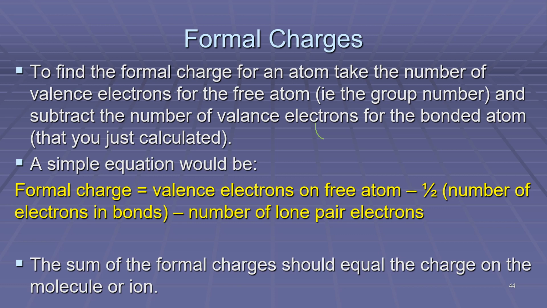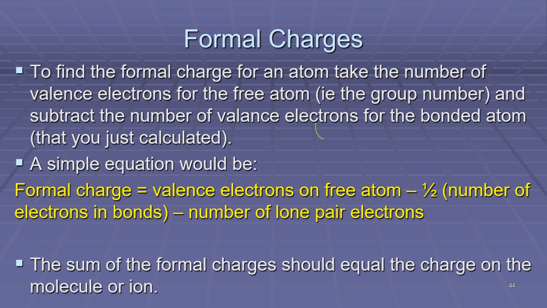So we take the valence electrons on the free atom, and I'm going to do an example in just a second, and it should make sense. Then take half the number of electrons in bonds. Or another way you can do it is just count the number of bonds and use that number, so you don't have to double it and then take half again. Then subtract the number of lone pair electrons.